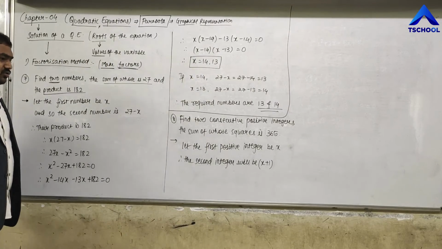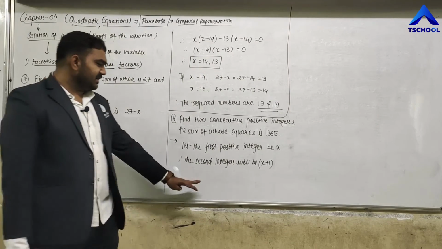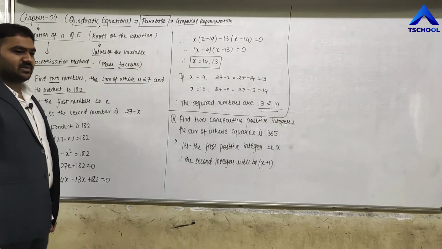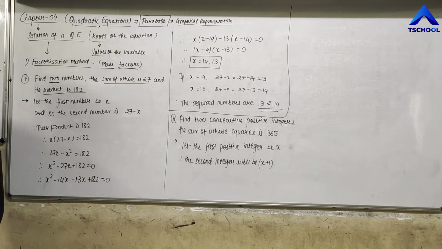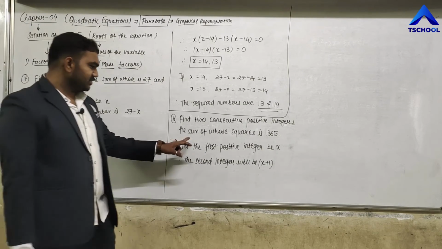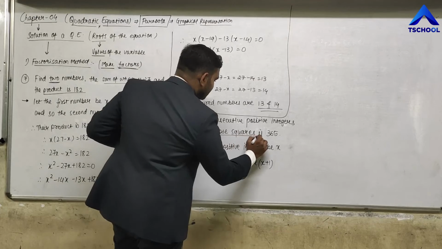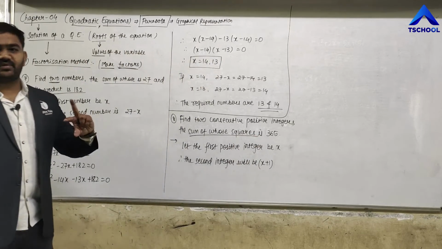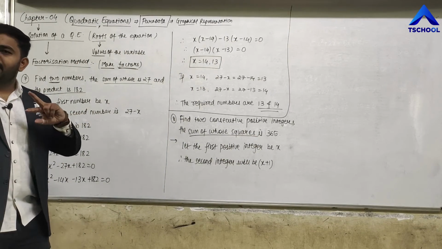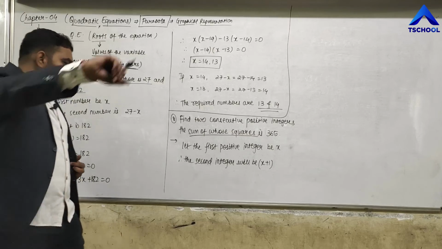Right? So the first integer is x and the second integer is x plus 1. Now it is said in the condition that the sum of their squares, sum of whose squares, that means we are going to square them first of all and then add them.